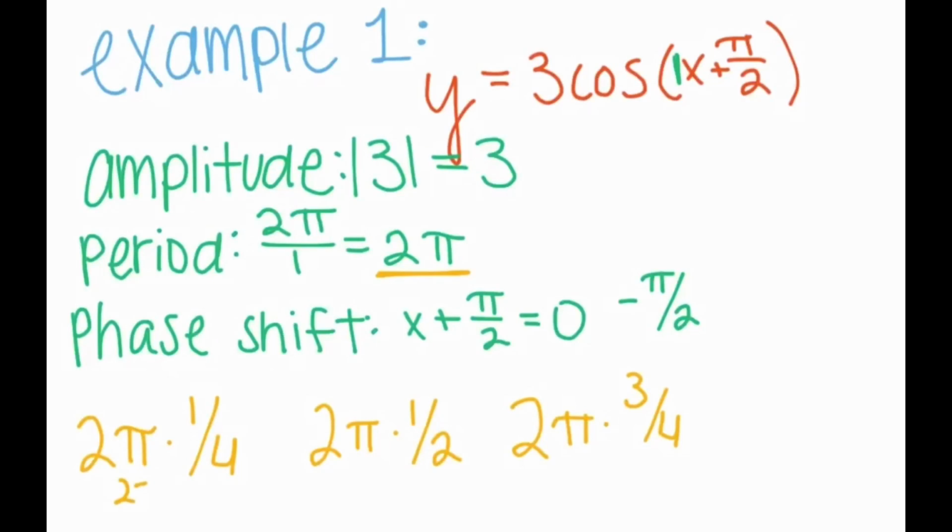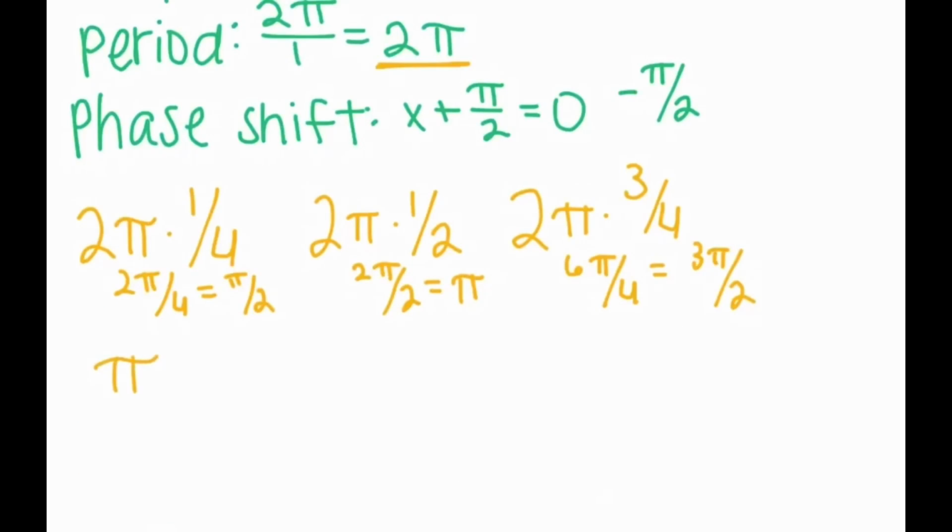So this is going to equal 2 pi over 4 or pi over 2. This is going to equal 2 pi over 2 or pi, and this is going to equal 6 pi over 4 or 3 pi over 2.